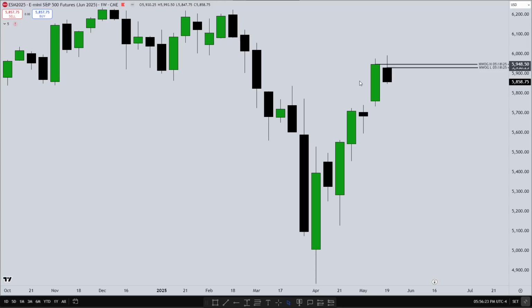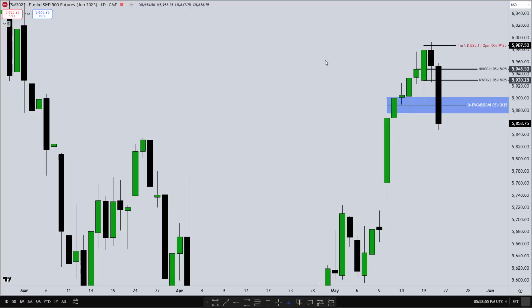I'm trying to figure out how to word it. Anyways, the new week opening gap drawn on a weekly chart would be this candle's close and that candle's open, near abouts.